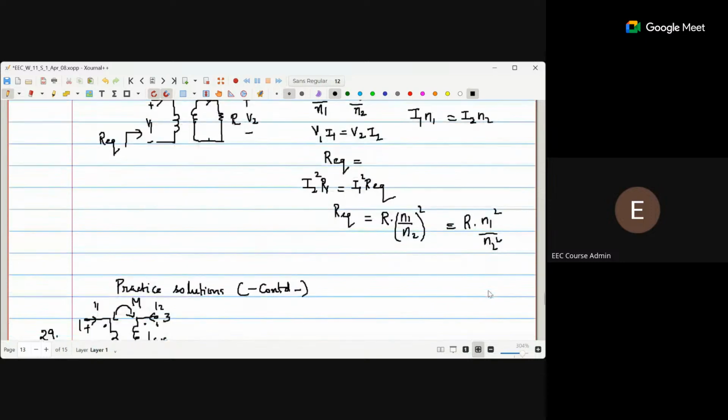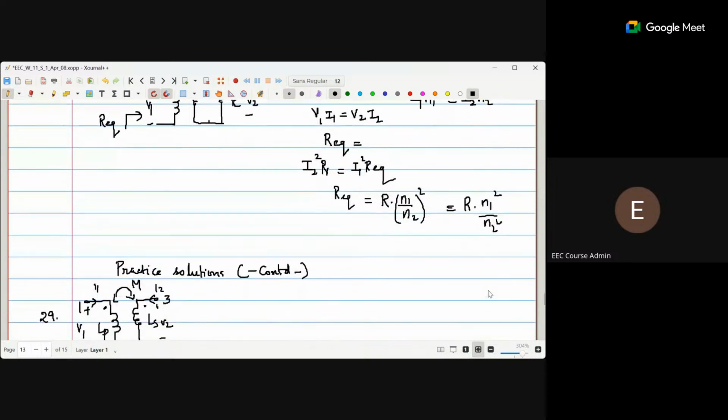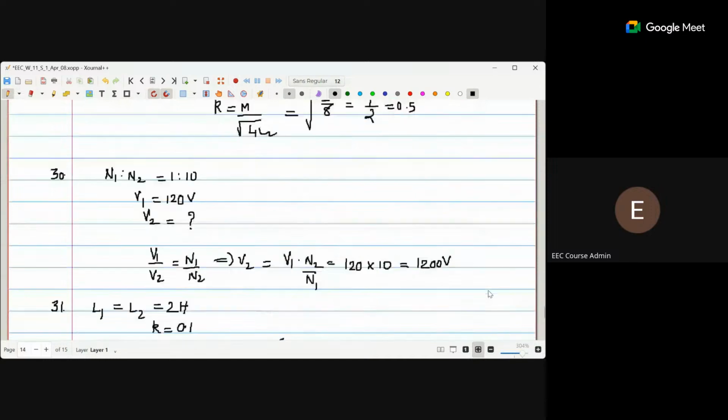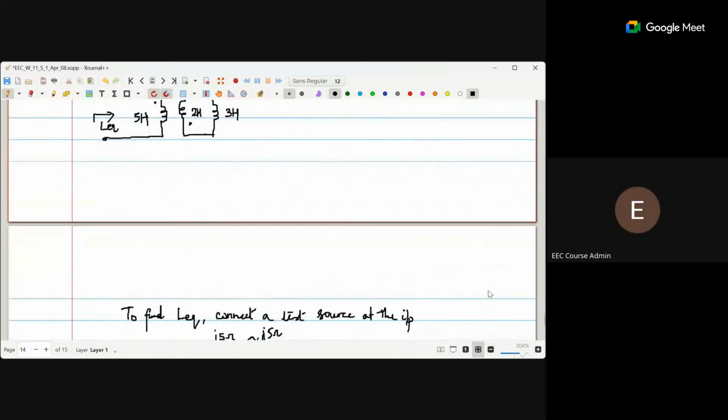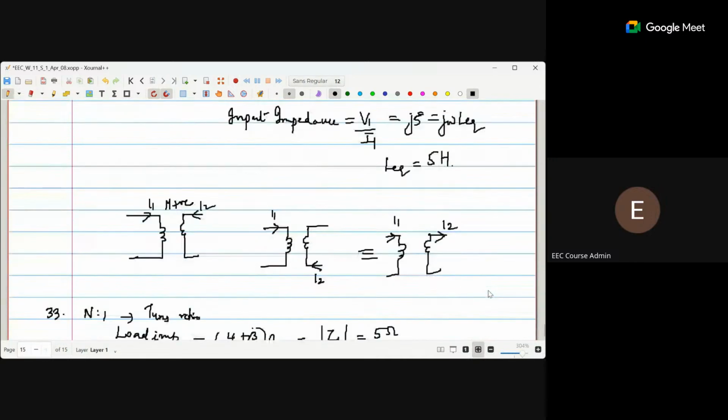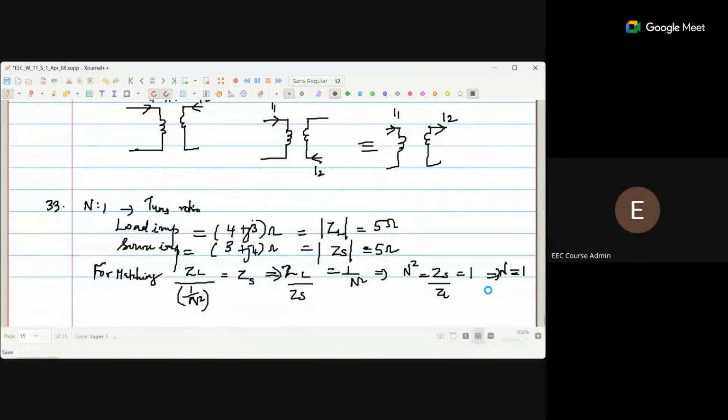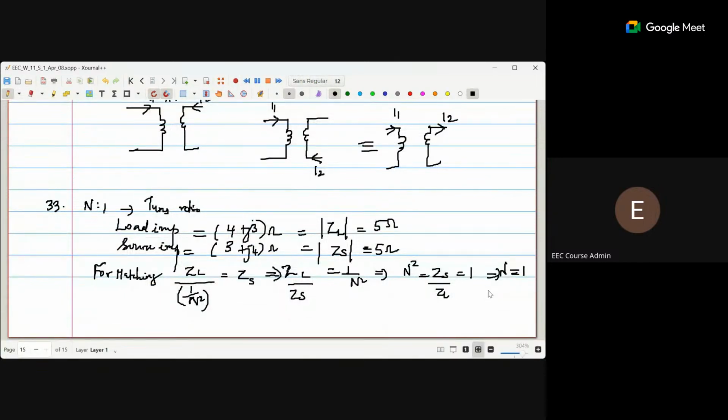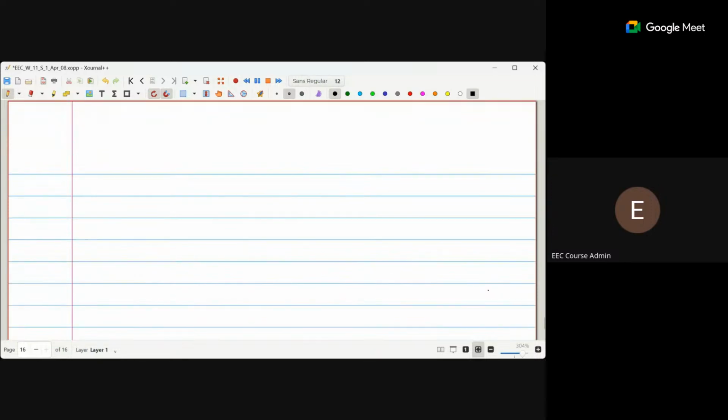So here, R equivalent is primary, which means here the source. So R equivalent is R into n1 by n2 the whole square.